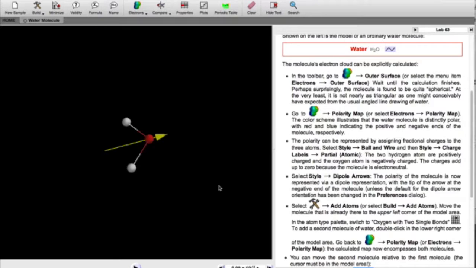We will see throughout many different visualizations that all of these different pictures, partial charges, dipole moments and dipole arrows, and electron cloud distributions, will all be used to represent the polarity of a molecule, and one must choose the best representation depending on the situation and the dynamics they're looking at for a specific discussion and simulation.